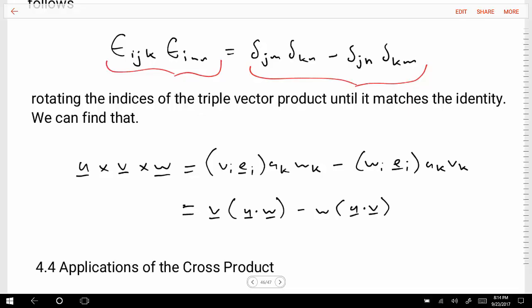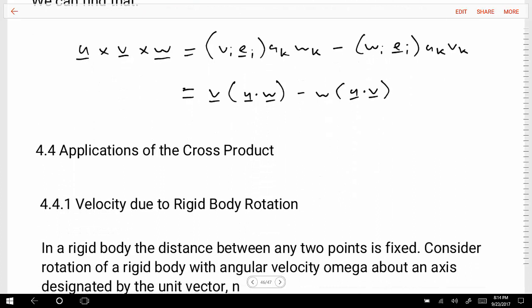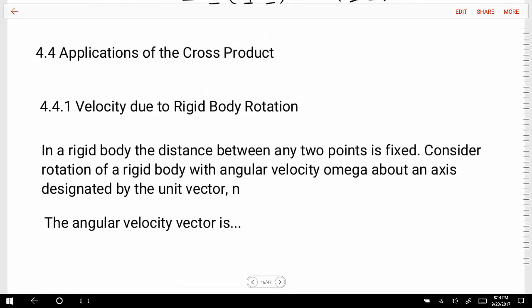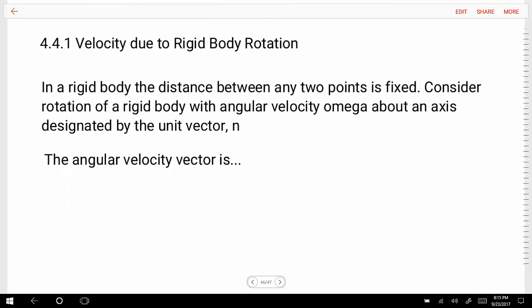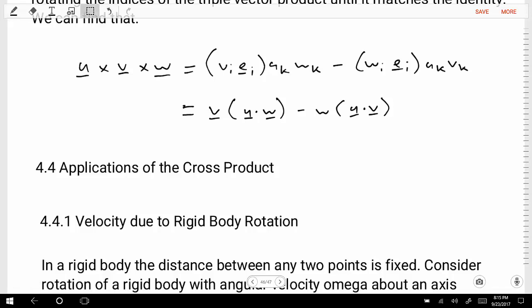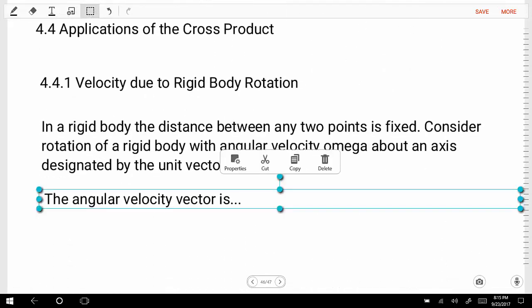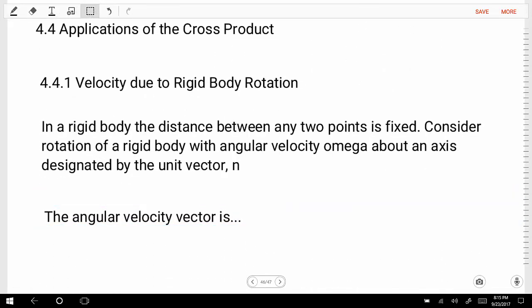Now that we've explored the cross product and the different products we can form of it, let's look at how we would apply the cross product in real life. The example we have here is the velocity due to rigid body rotation, and this is the example from the book. So this problem is set up as follows. In a rigid body, the distance between any two points is fixed.